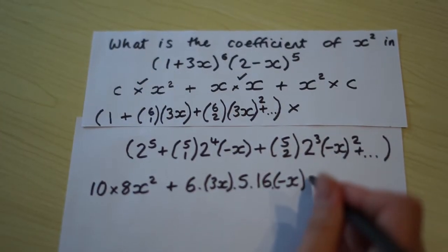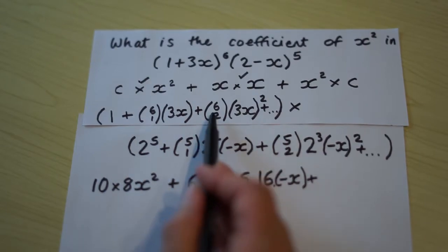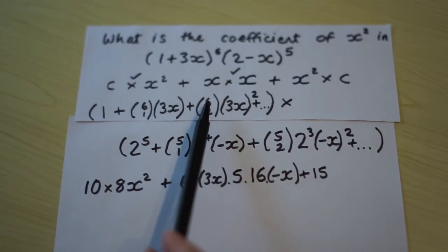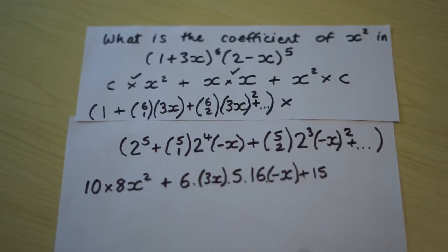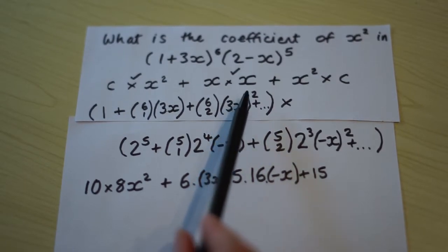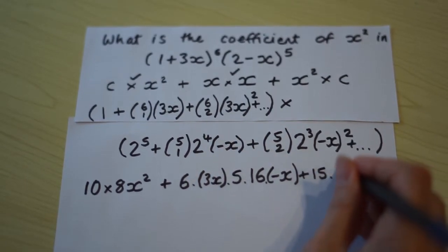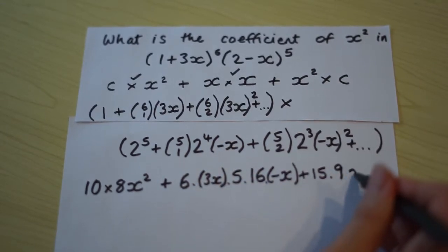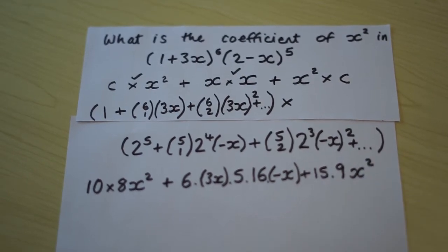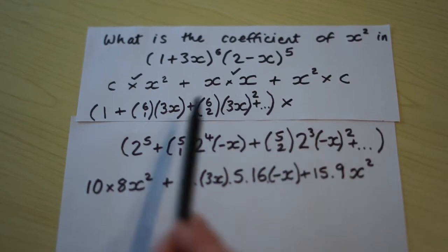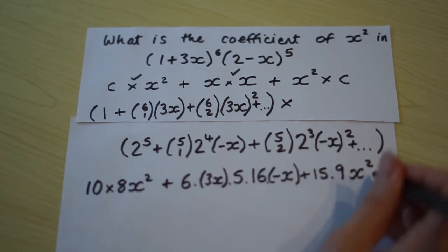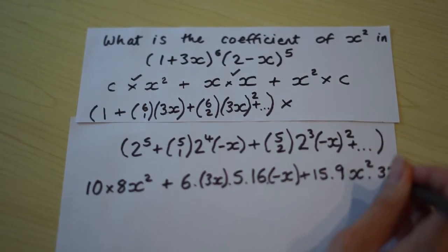Okay, and the last term, we've got the x squared term in the first bracket. 6 choose 2 is 15, multiplied by 3 squared, which is 9, and we've got x squared in that term, and we need to multiply that by the constant in the second bracket, 2 to the power 5, which is 32.